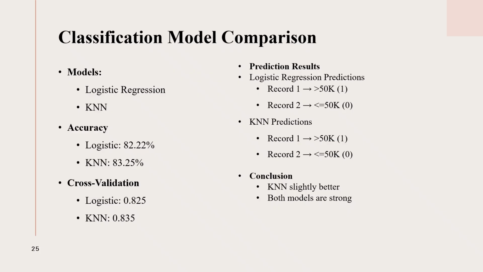This comparison highlights an important concept in machine learning, which is that no single model works best for all problems. The performance of the model depends on the dataset, the type of problem, and the relationship between variables.